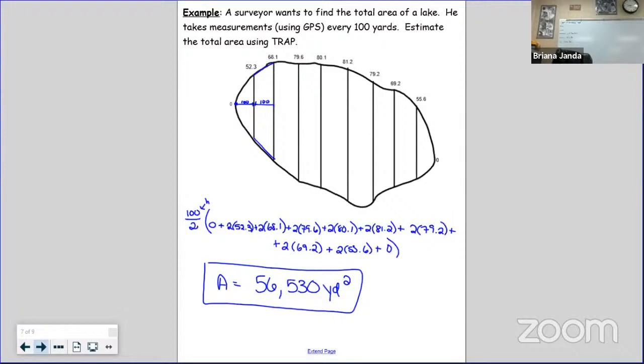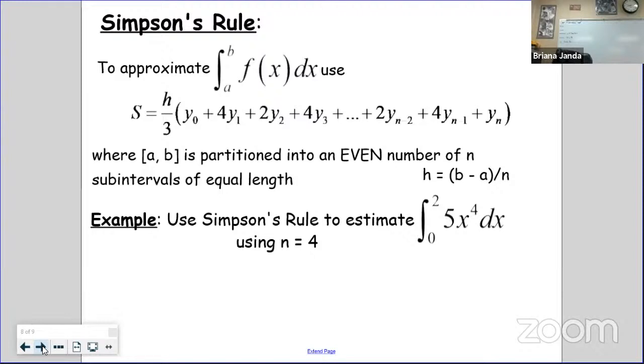All right, our last thing we're going to talk about today is what's called Simpson's rule. Simpson's rule gives us a different formula to do the approximation of the area under the curve. However, it doesn't work all the time. It's only going to work if your interval from A to B is partitioned into an even number of intervals.